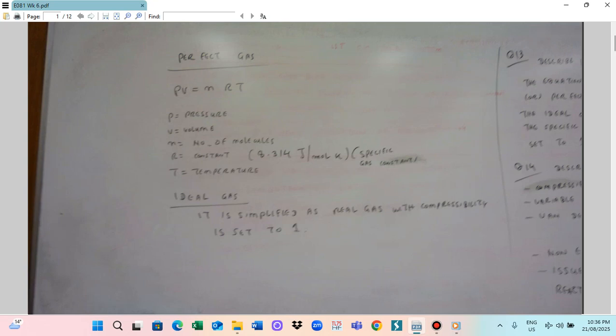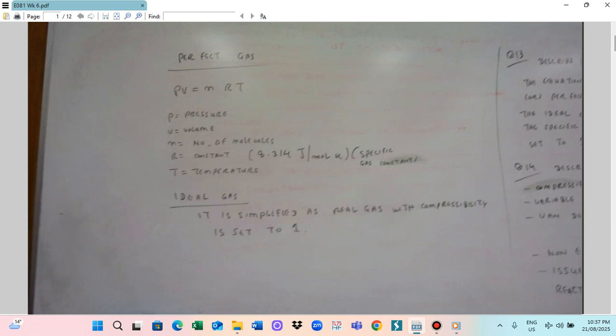Compressibility is measured by the compressibility factor. The Z should be 1. So if the compressibility factor Z is 1, that will be the real gas. And also they must have heat capacity. So real gas means they must have the compressibility factor, you can change the volume.